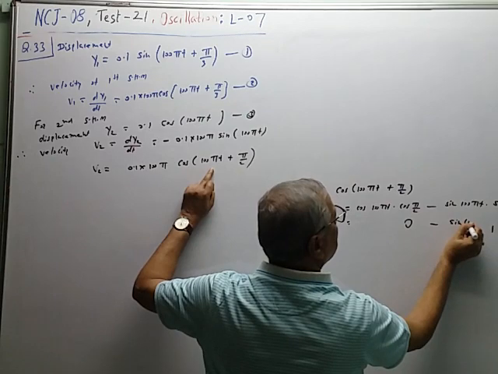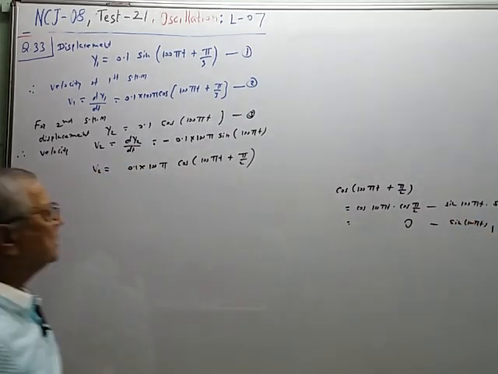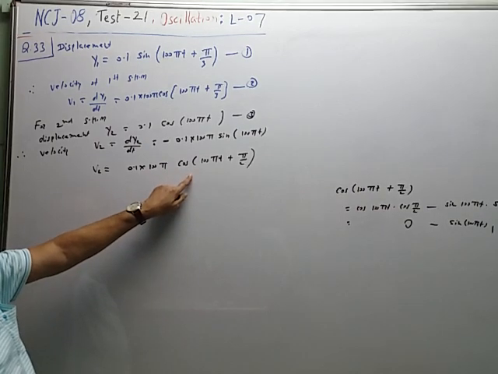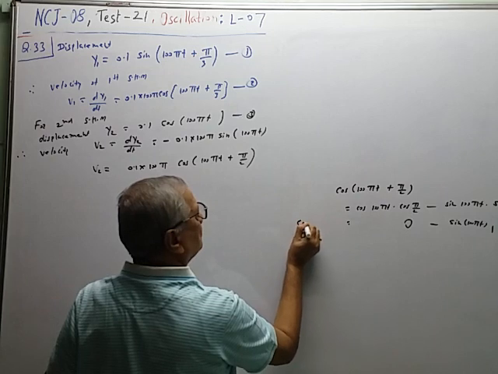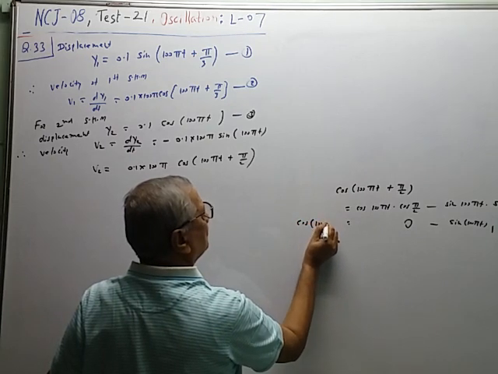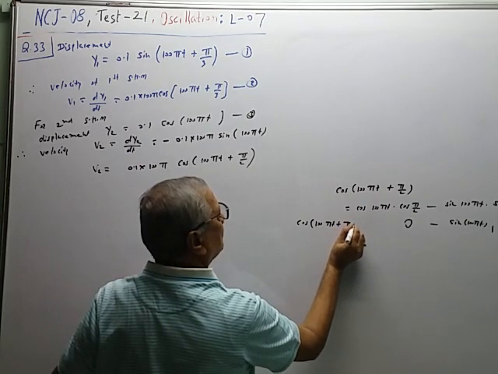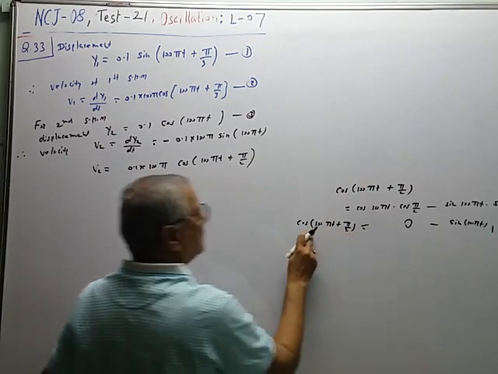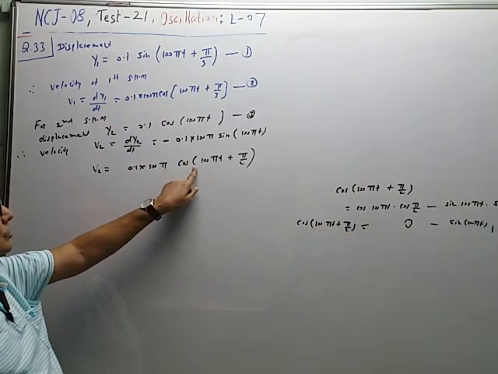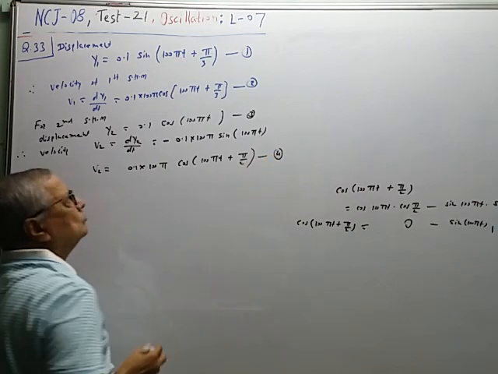So minus sin of 100 pi t can be written as cos of (100 pi t plus pi by 2). This is equation 4.